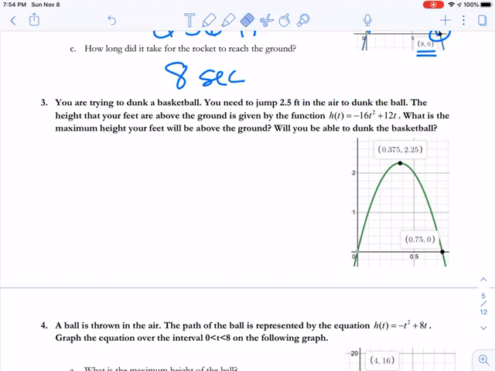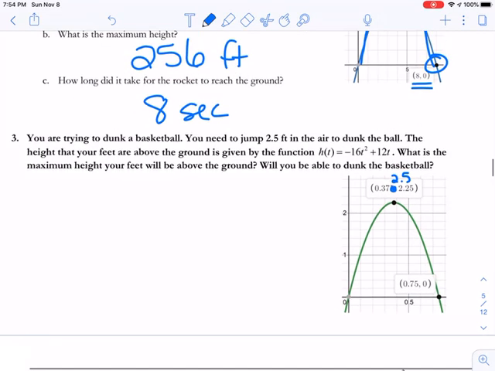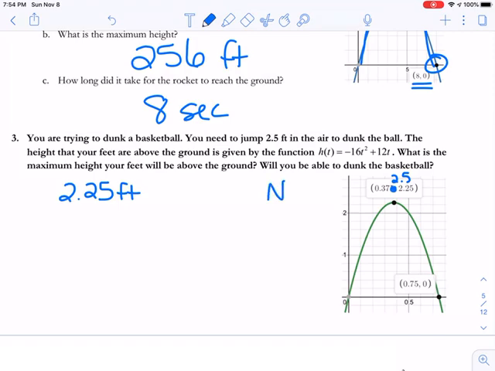Not quite. 2.5 feet would be up a little bit higher. Your feet need to be all the way up here at 2.5, but they're not quite high enough. So what is the maximum height your feet will be? 2.25 feet. And will you be able to dunk the basketball?